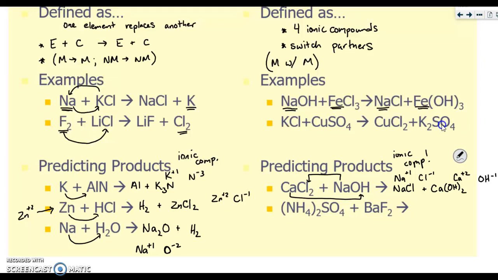You're going to get a chance to try the second example here. NH4 has a +1 charge. SO4 has a -2 charge. At this time, please pause the video and attempt this practice problem.